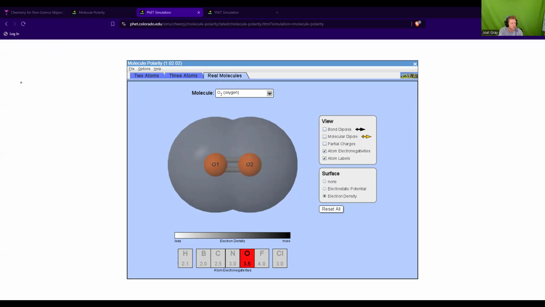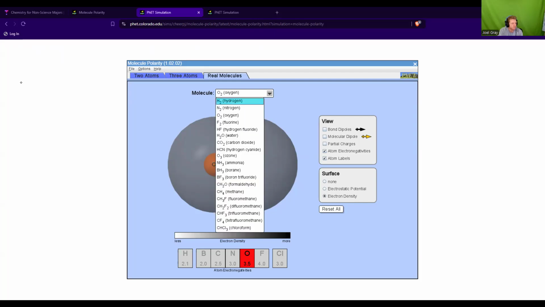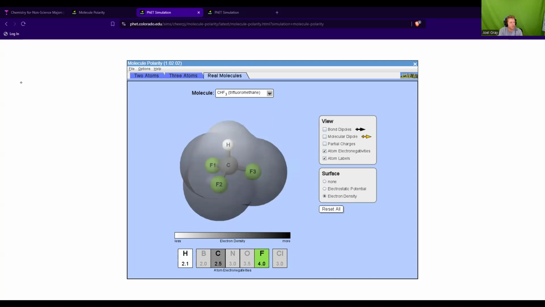Okay, now let's go with this. Trifluoromethane. Now this is a molecule that's a little bit tricky to visualize, so I want you to notice a couple of things. F2, F3, and F1.